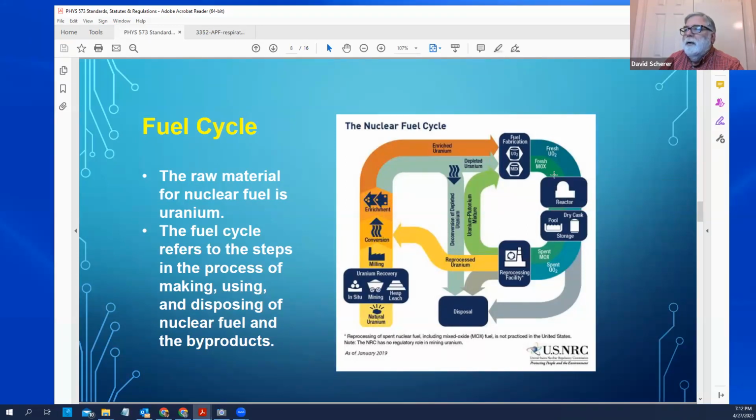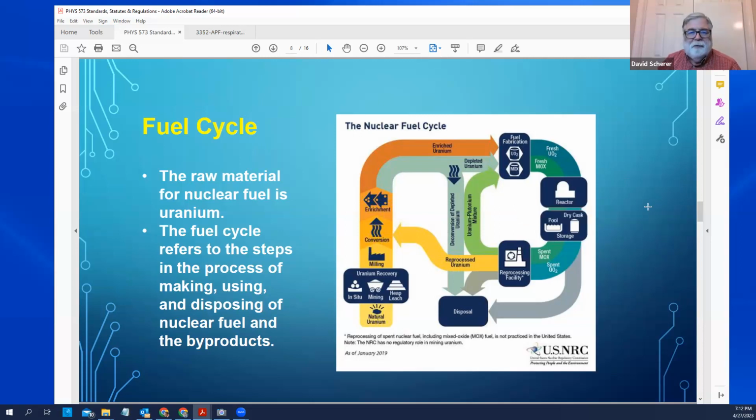As the fuel is used more and undergoes more nuclear reaction, it accumulates more and more fission products. That's described in the next slide, but it gets more and more radioactive material of a different kind as a result of the process.